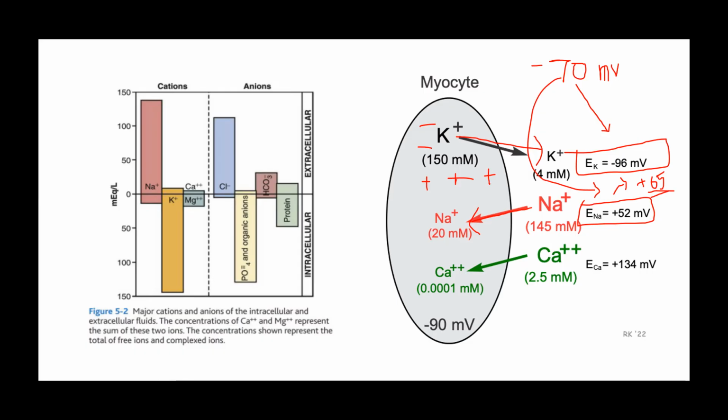Okay, so all these equilibrium potentials are actually giving an idea, if these ions are given free hand, in which direction they are trying to drag the resting membrane potential. In case of potassium, it will cause more hyperpolarization. In case of sodium, it will cause depolarization.